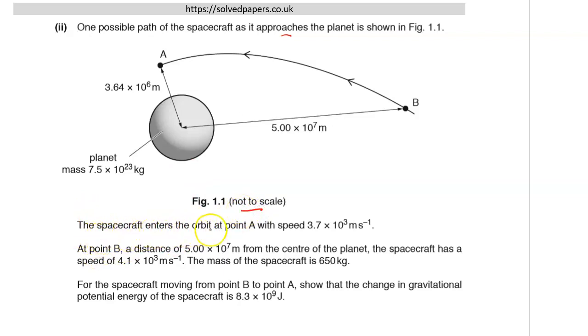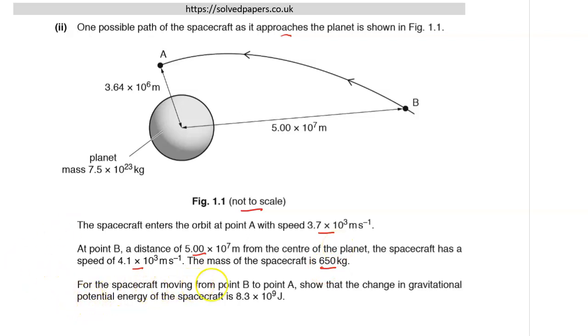The spacecraft enters the orbit at point A with a speed of 3.7 times 10 raised to power 3 meters per second. At point B, a distance of 5 times 10 raised to power 7 from the center of the planet, okay, this distance here, the spacecraft has a speed of this. The mass of the spacecraft is given as 650. All right, that's the mass of the spacecraft there.